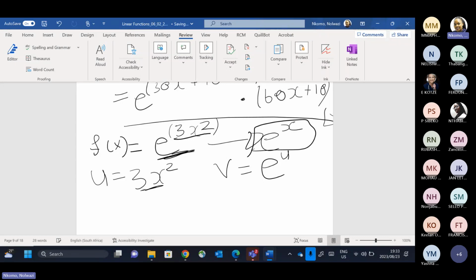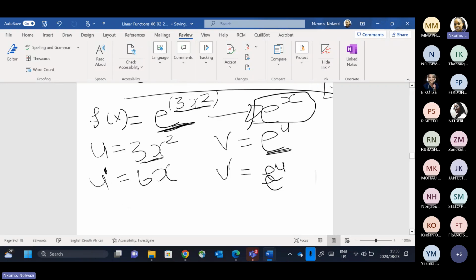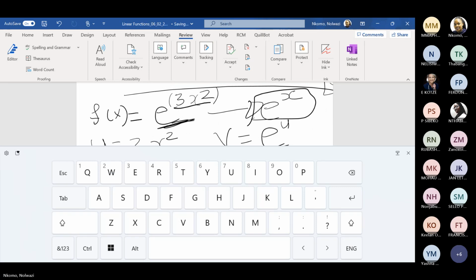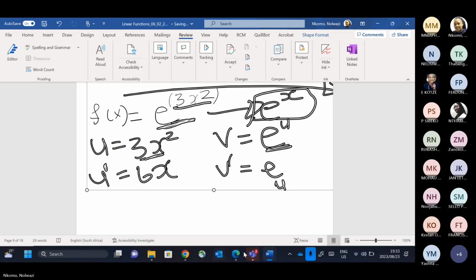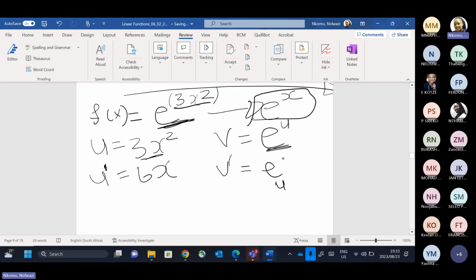The derivative of this, u prime, is 6x, and the derivative of this is just that term itself, e to the power u. So this means the derivative of the original function, f prime, would be v prime times u prime. It would be 6x e to the power 3x squared.